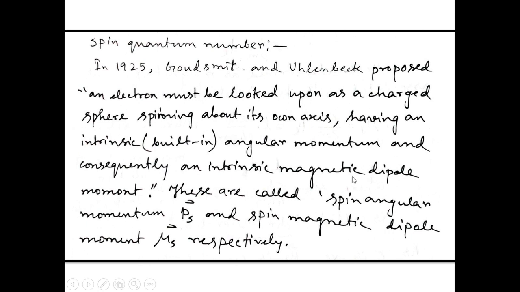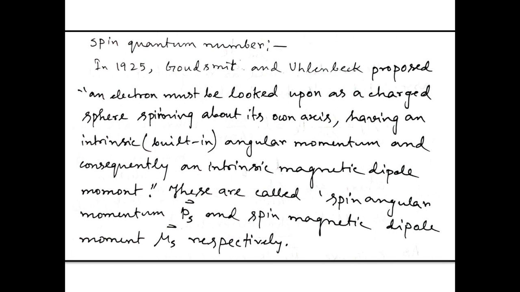These are called spin angular momentum Ps and spin magnetic dipole moment mu s. So when it moves around its own axis, it will develop its own angular momentum of itself. It is called intrinsic or built-in.